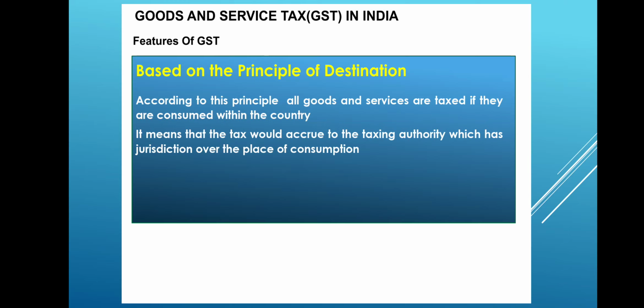And because of this principle, exports are treated as zero rated because this tax is levied at a place where the goods are consumed. So, in this principle of destination, we have come to clear that the tax would accrue to the taxing authority which has a jurisdiction over the place of consumption.